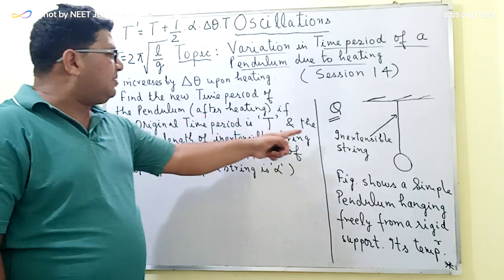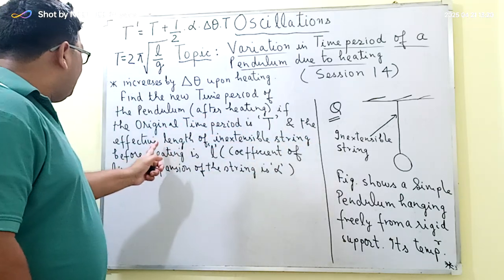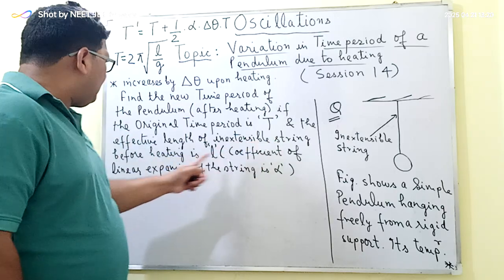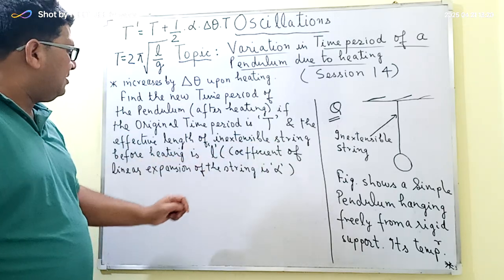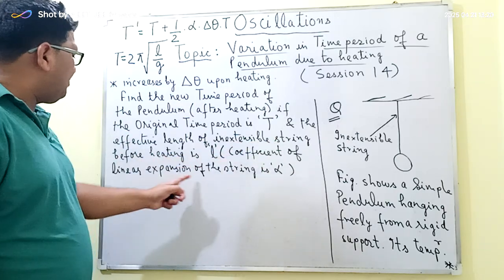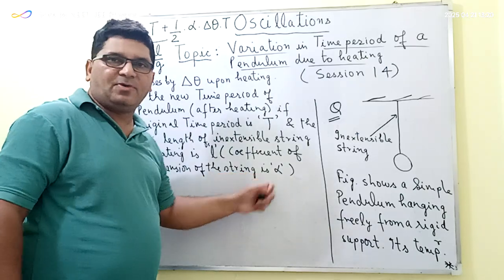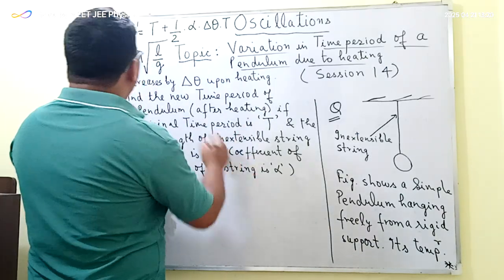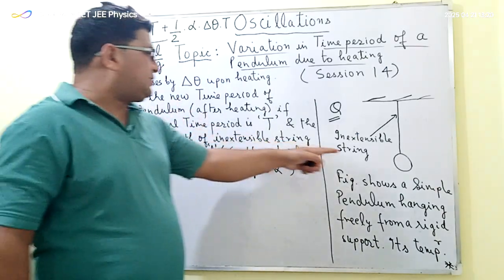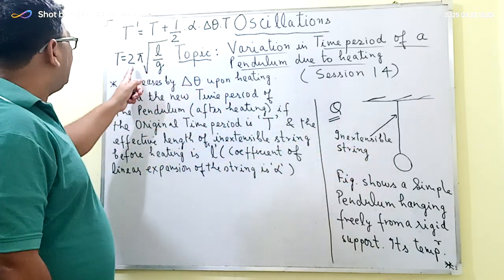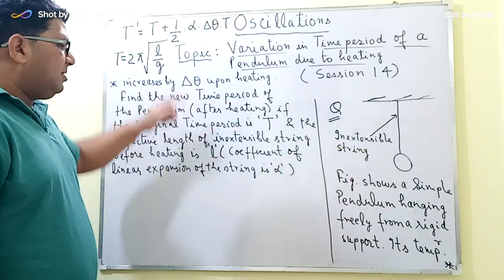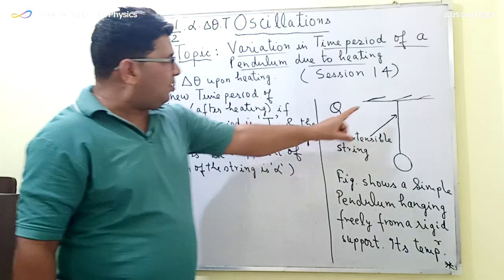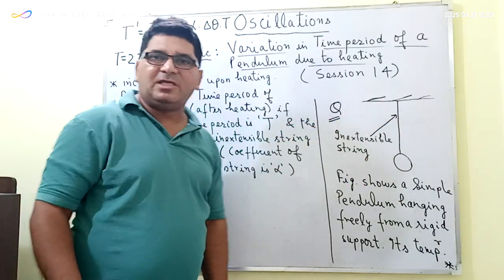If the original time period was T and the effective length of the inextensible string before heating is L, and the coefficient of linear expansion of the string is alpha, then the original time period of this simple pendulum before heating will be equal to 2 pi under root L upon g. Now after heating, the length of this inextensible string will increase.